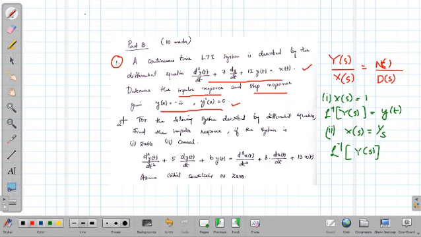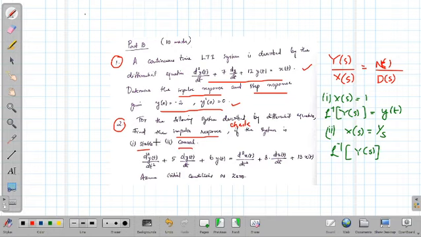Now question 2: for the following system described by a differential equation, find the impulse response, and check if the system is stable and causal. So here the question is you need to find the impulse response and check if the system is stable and causal using the impulse response, or maybe by using the transfer function itself you can say whether the system is stable or not.